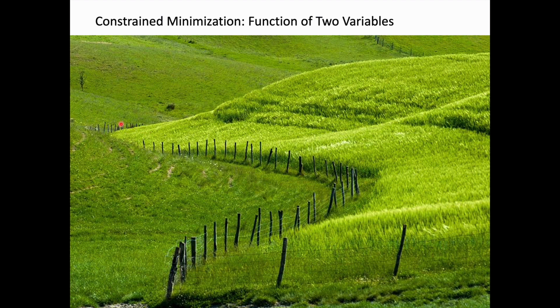So that's just conceptually what the inequality constraint translates to. Whereas if we have an equality constraint, a nonlinear equality constraint, then that's sort of like requiring that we have to stay on the fence and trying to find the minimum elevation along the fence.